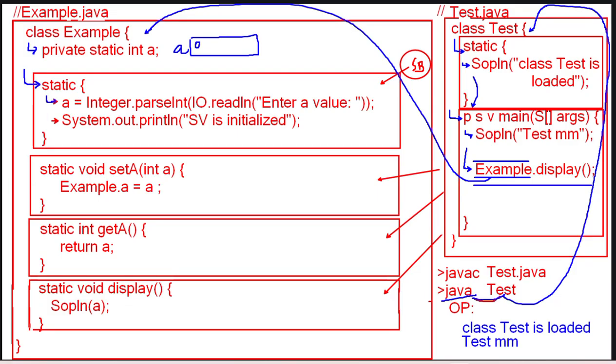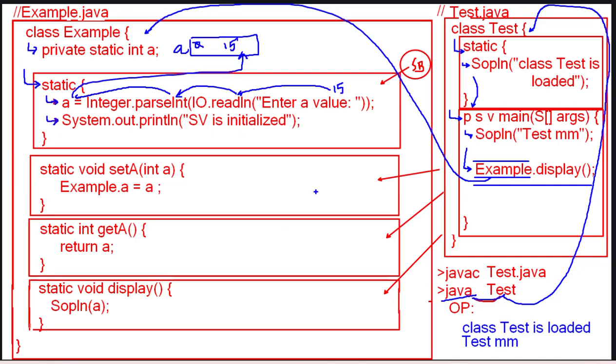Integer.parseInt of readLine, enter a value. You enter a value, say 15. That value is read by readLine, given to parseInt, converted to 15 and stored in A.